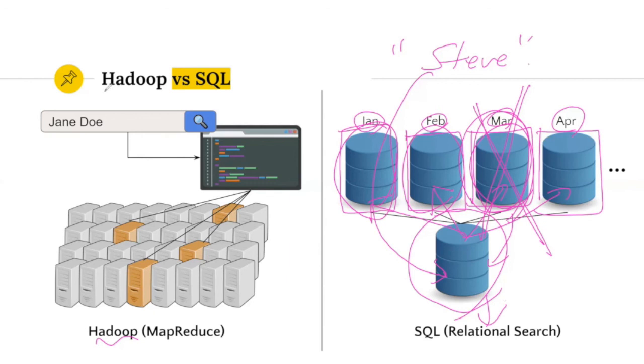On the other hand, what happens in Hadoop is that the search query comes in, and the search query is then converted to computer code. And that's why we start to apply schema.